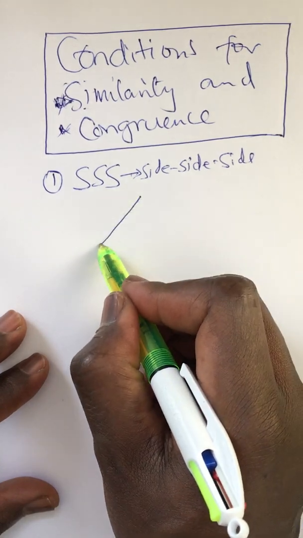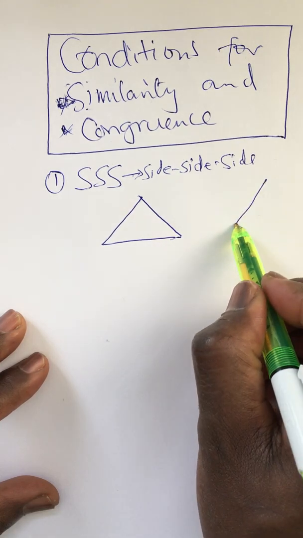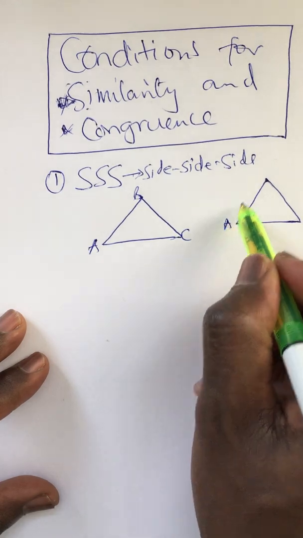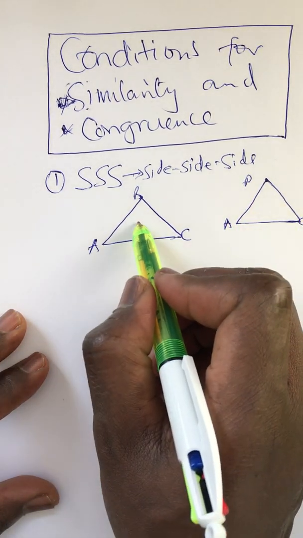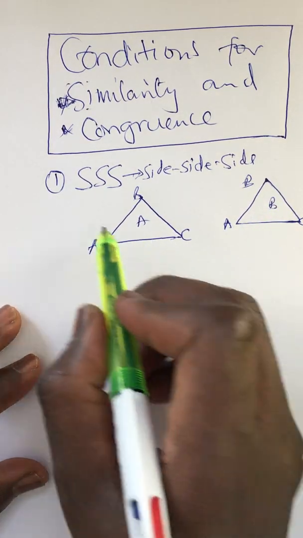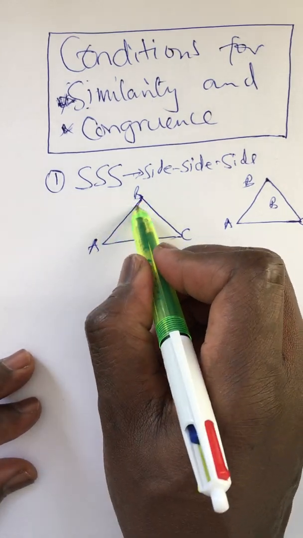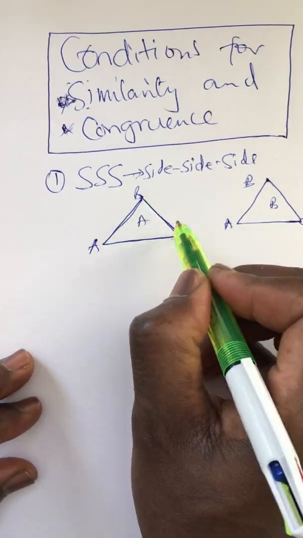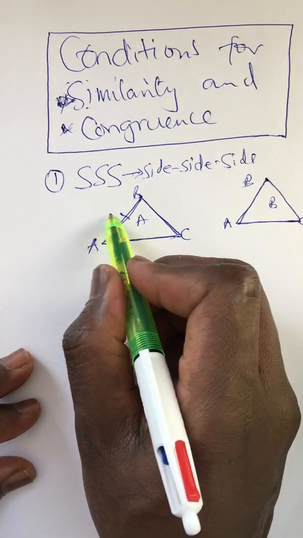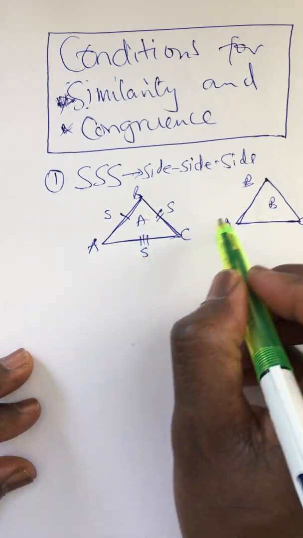So SSS simply means that when we have a triangle like this and another triangle like that, let's say this is triangle ABC and that one is ABC, to apply the SSS constraint we need to ensure that these triangles have the sides. As you can see now, they're similar in terms of shape, and they have the sides. Let's say this is side 1, that is side 2, and that one is the third side.